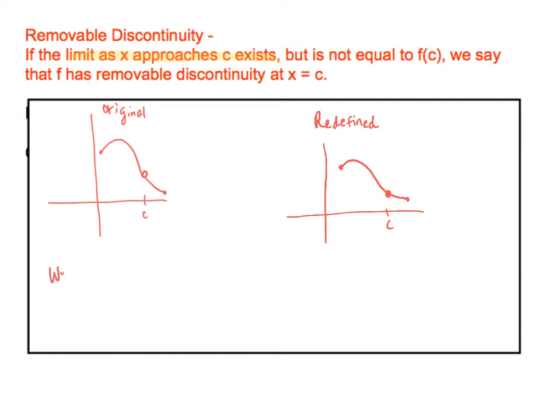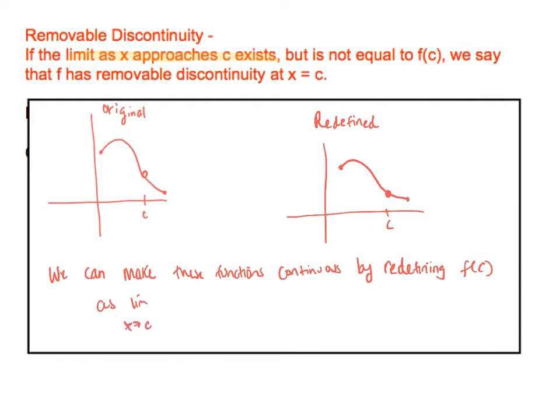So we can make these functions continuous by redefining f of c as equal to the limit as x approaches c of f of x. Basically creating a piecewise function.